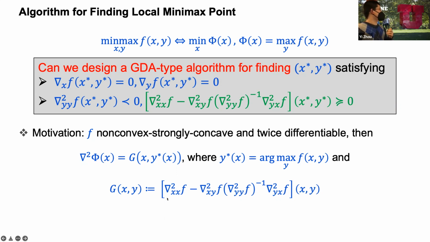We can see that this G mapping is exactly the same as the green part in the second order condition. So to satisfy this green part, we just require the Hessian of phi to be positive semi-definite. And the other second order condition is automatically guaranteed because f is strongly concave in Y. So this Hessian has to be negative definite.